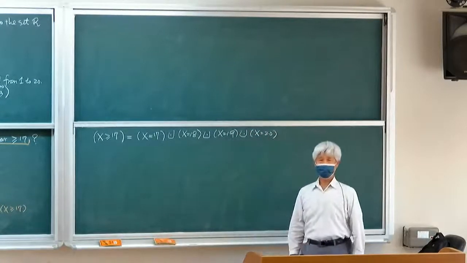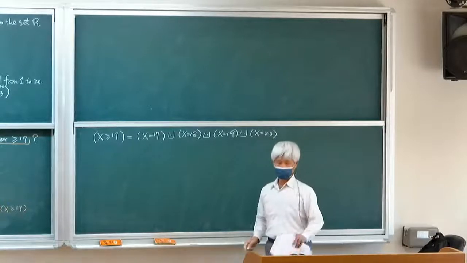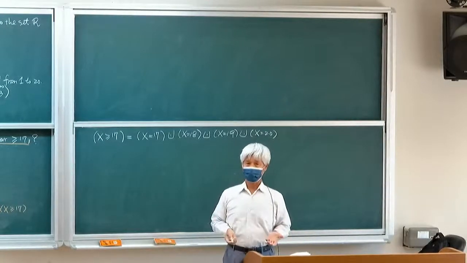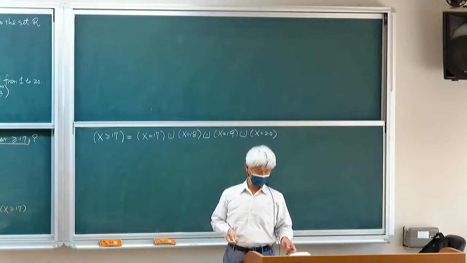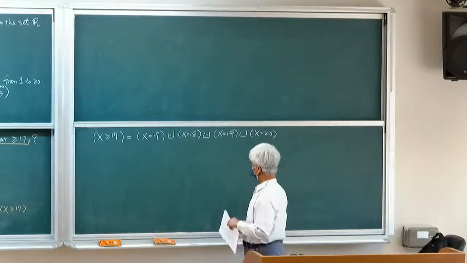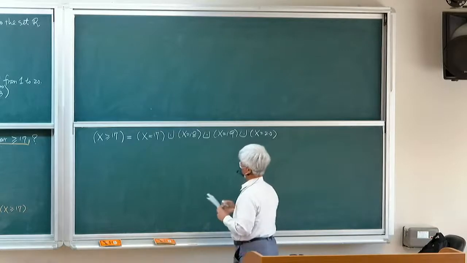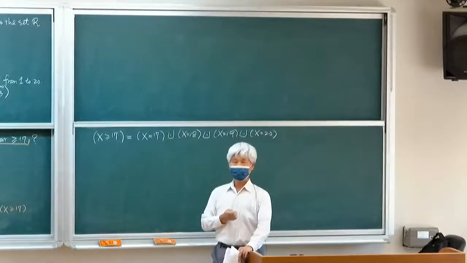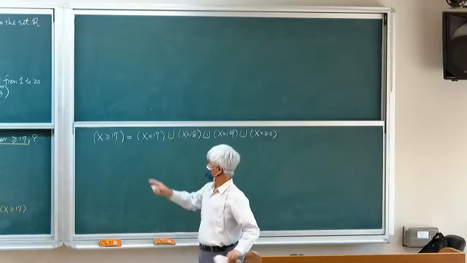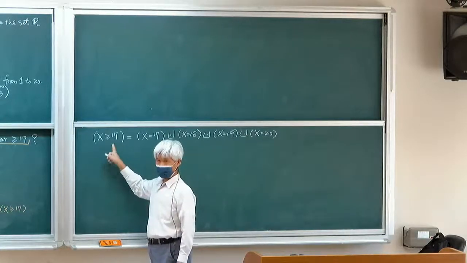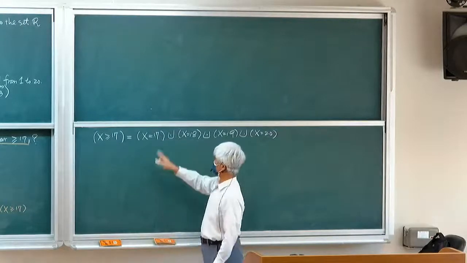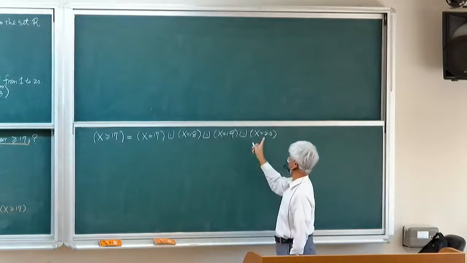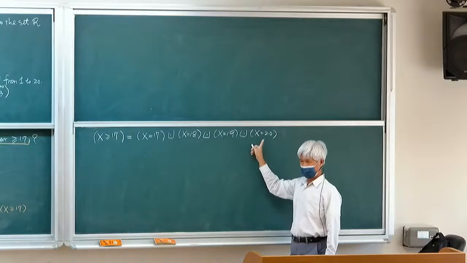They must be disjoint, mutually exclusive. By the countable additivity of the probability function, the probability of this event is the sum of the probabilities of these four events.